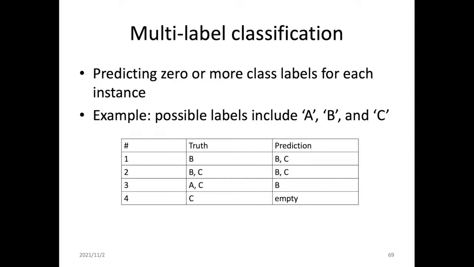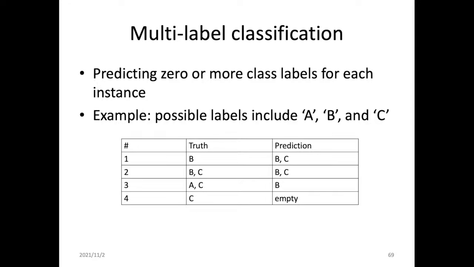In Chinese, it's sort of like 单选题 or 多选题. For multi-class classification, you can only select 1 out of k classes. For multi-label classification, you could select 0 or 1 or 2 up to k classes.